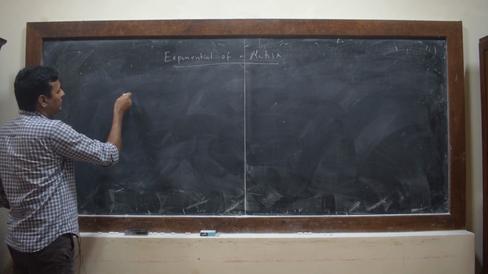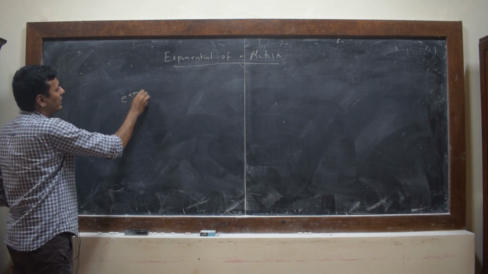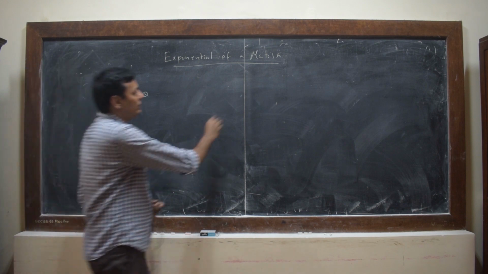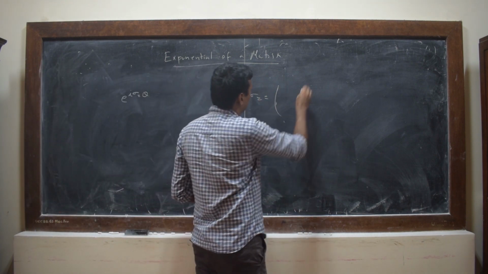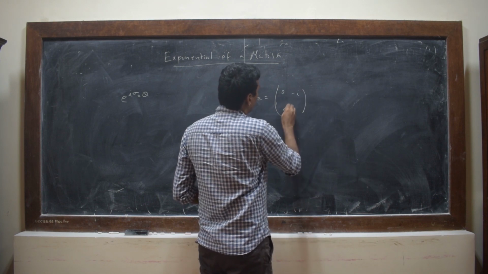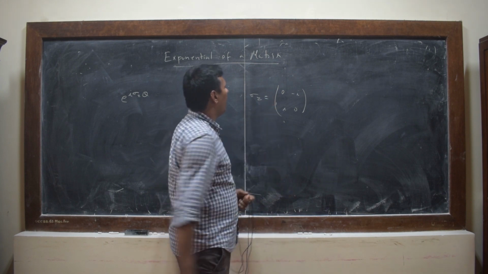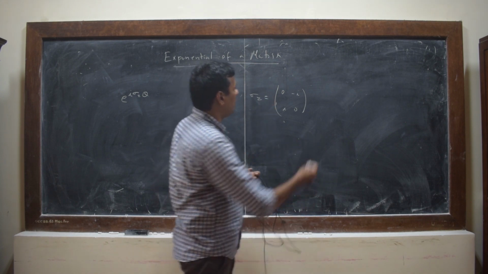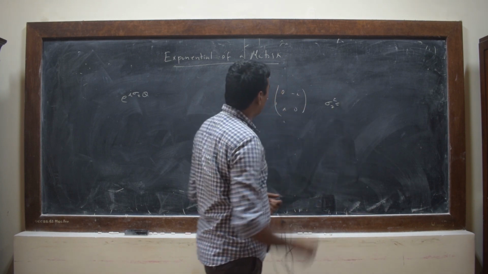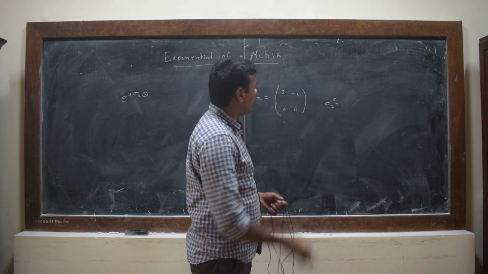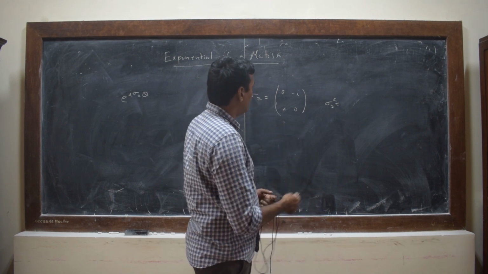So, suppose that you need to find e raised to i sigma 2 theta, where sigma 2 is the Pauli matrix, 0 minus i, i 0. Okay. In the last class we discussed this, and in the tutorial session we will describe the properties of the Pauli matrices. So then, okay.